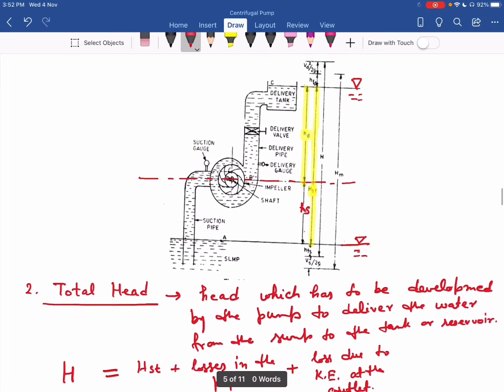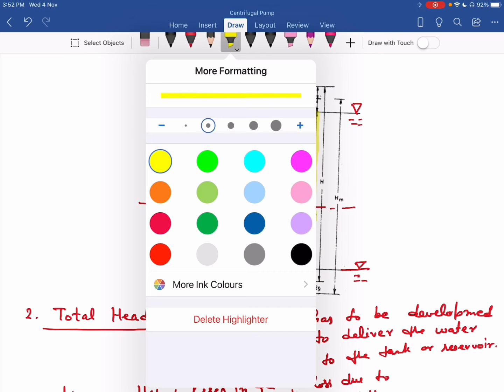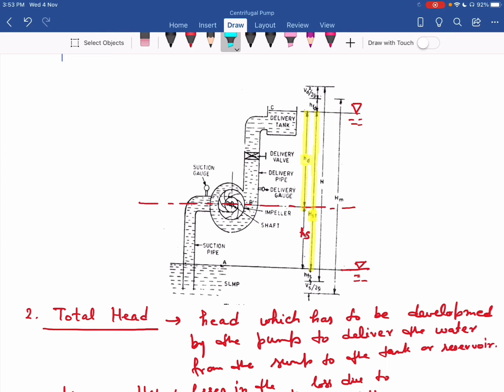Now you can see in this diagram, this head includes the static head, plus frictional loss in the suction pipe, that is this one, friction loss in the delivery pipe, that is this one, plus the kinetic head along the delivery side. So this total height becomes my total head. Now in this head, losses in the casing and the impeller are not taken into account.